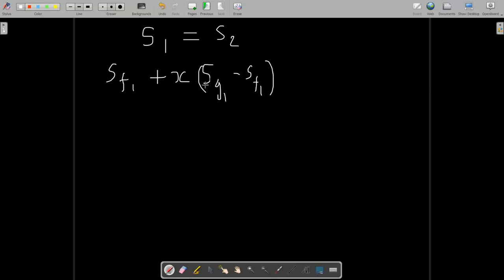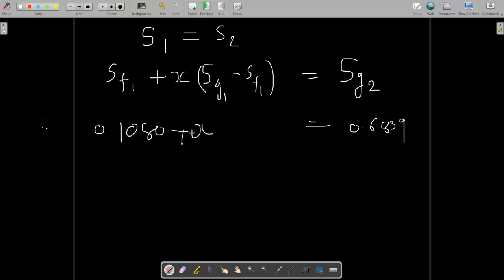The difference gives you the entropy of vaporization. And S2 is the entropy of saturated vapor at 35 degrees Celsius. From the table I have taken this value: at 35 degrees Celsius, the entropy of saturated vapor is 0.6839, and the entropy of liquid at minus 10 degrees Celsius is 0.1080.